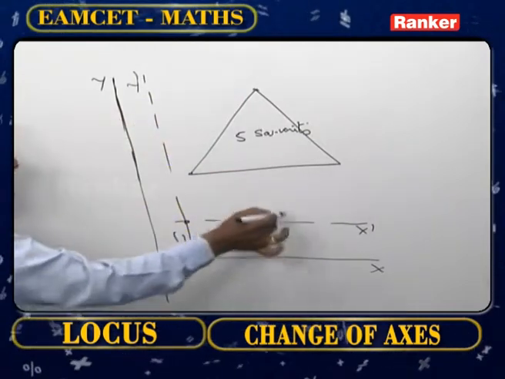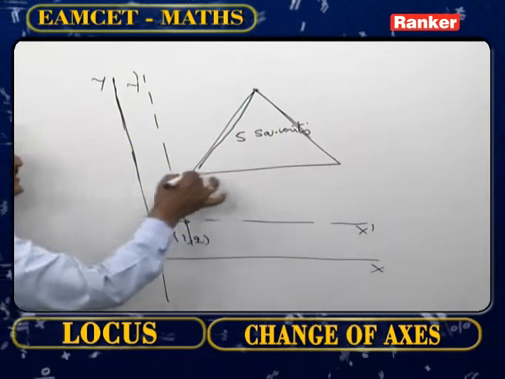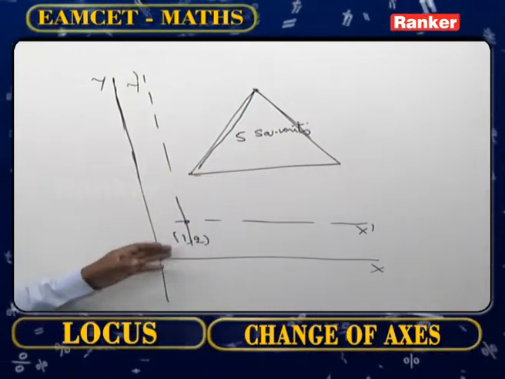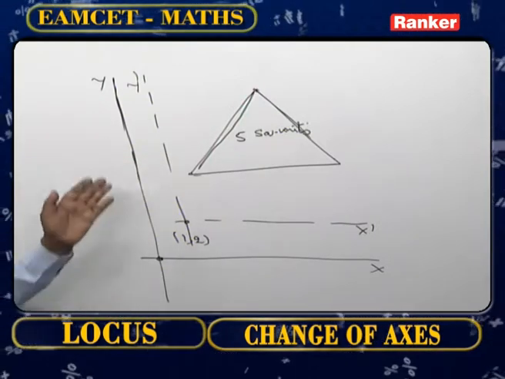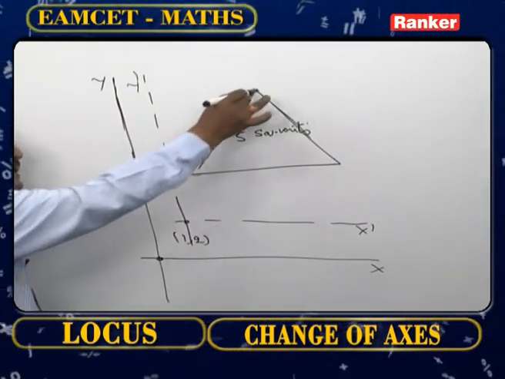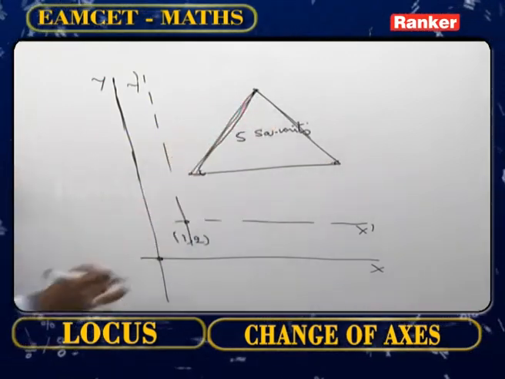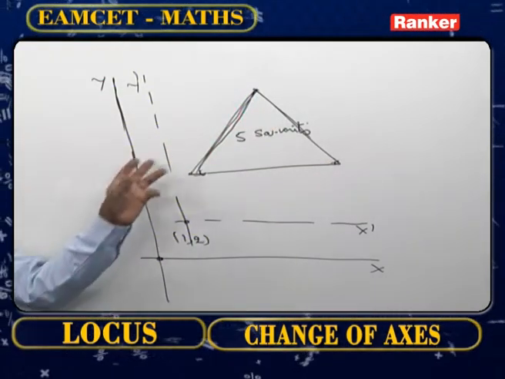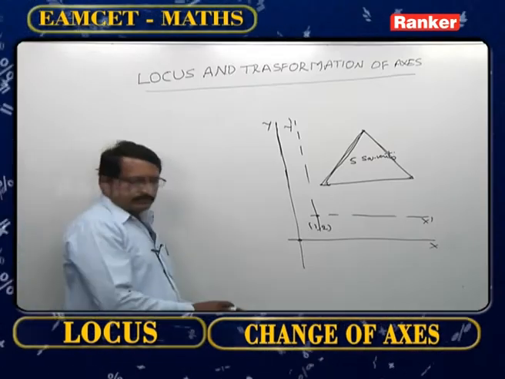With respect to the new axes, the area of the triangle does not change. If the axes are translated to any point, or rotated through any angle, the area of the triangle does not change, but the vertices of the triangle change with respect to the new system. Then the answer is 4.